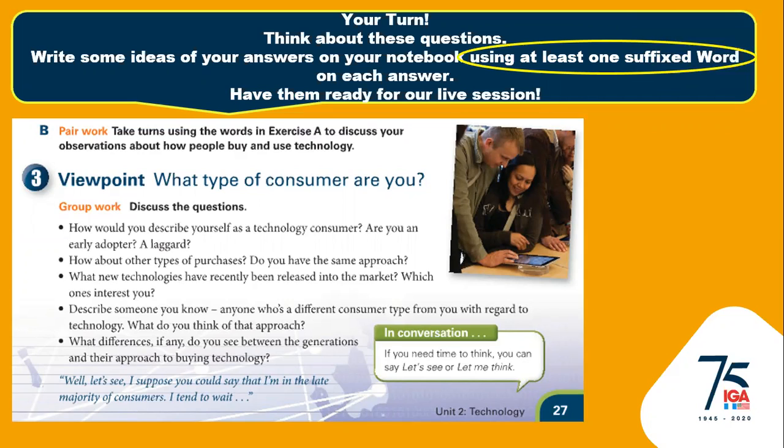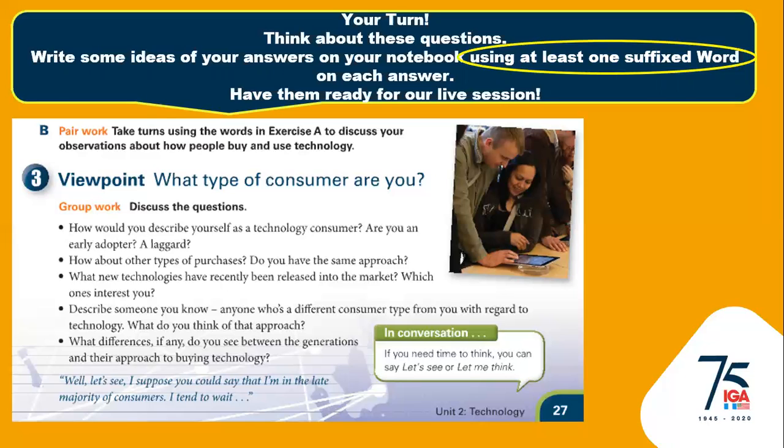When you write those ideas on your notebook, I need you to use at least 1 suffix word on each answer, okay? And as you can see, I circled at least 1. So you know that if you have 5 sentences, you need to have at least 5 suffix words, right? And I need you to circle those ones on your notebook, okay?